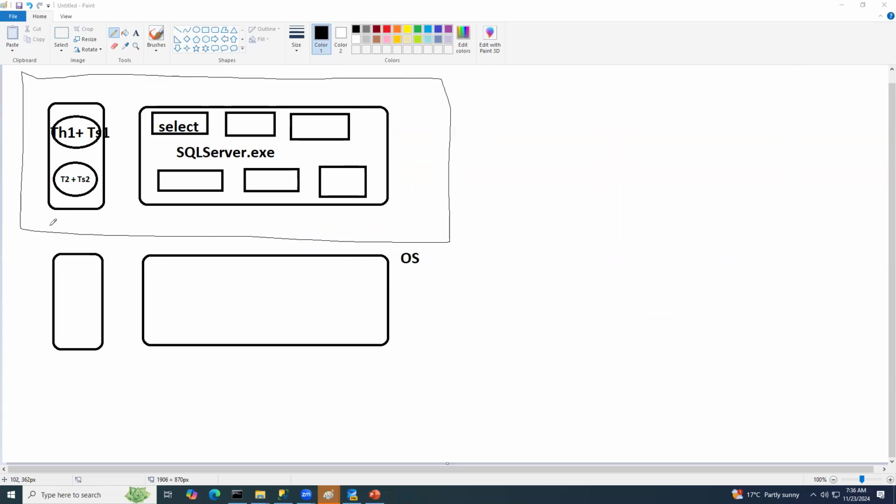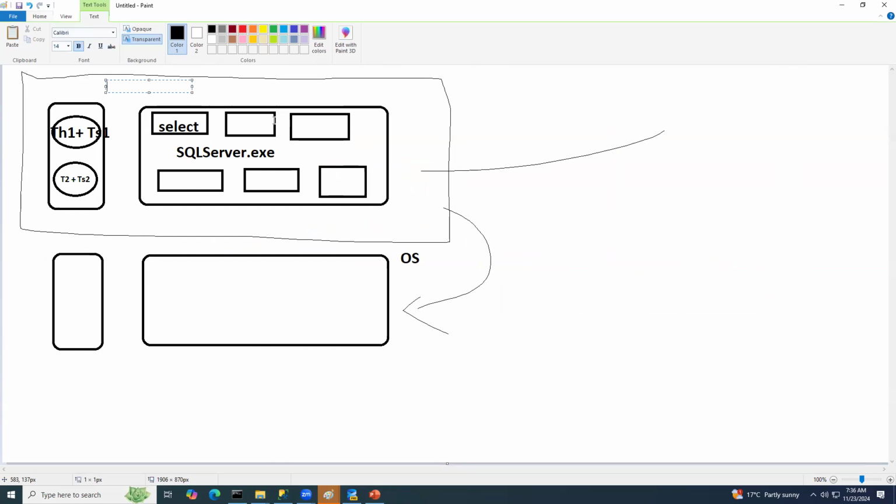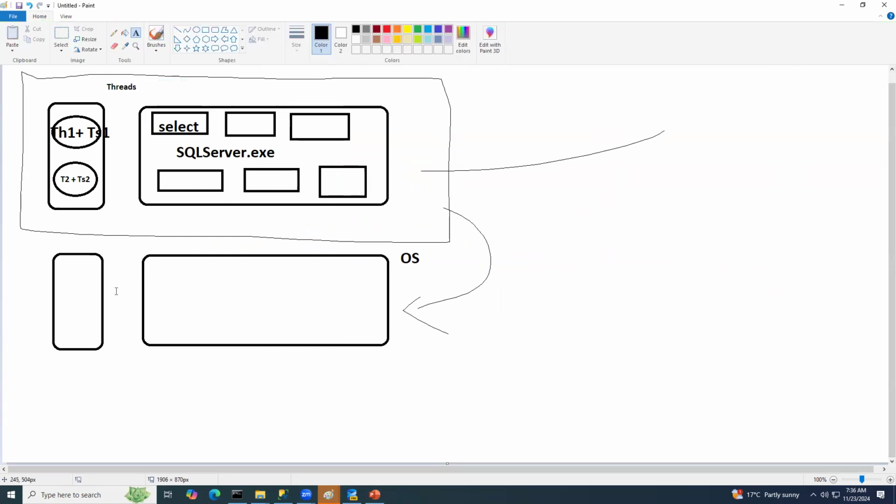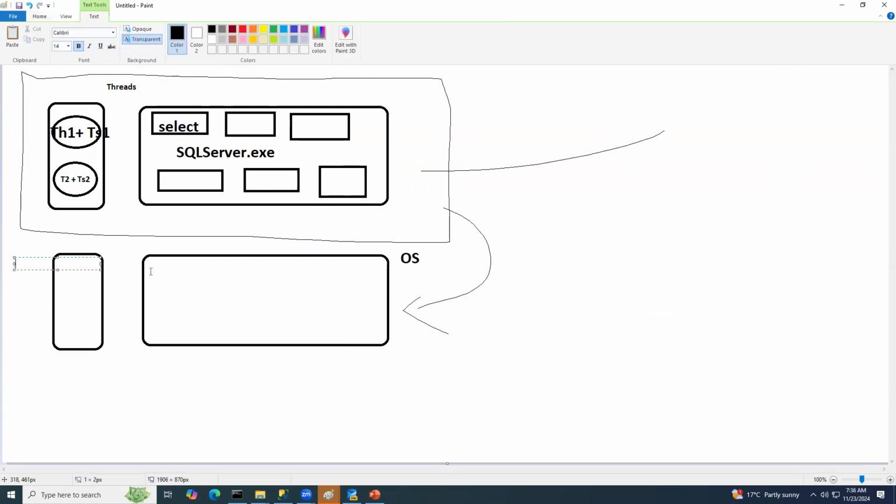Now, these threads have to be executed because SQL Server doesn't have anything of its own to execute the query. So it has to connect to the operating system and execute on the CPU. We call them threads here, and Windows doesn't know the thread terminology. What Windows considers is a worker.